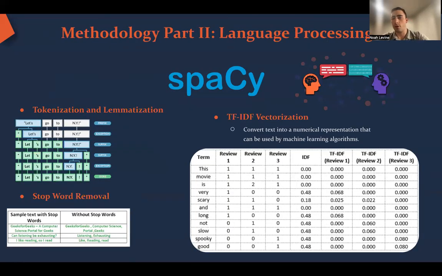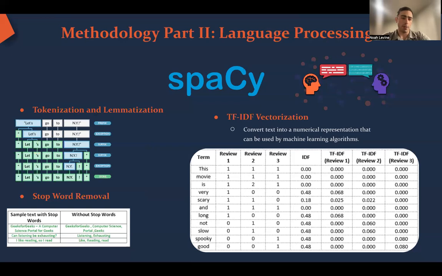So the next part was to essentially use some sort of model to allow the computer to understand the words in the transcript. And this is where we found spaCy, which is a package in Python that allows computers to understand words and turn them into numbers essentially.